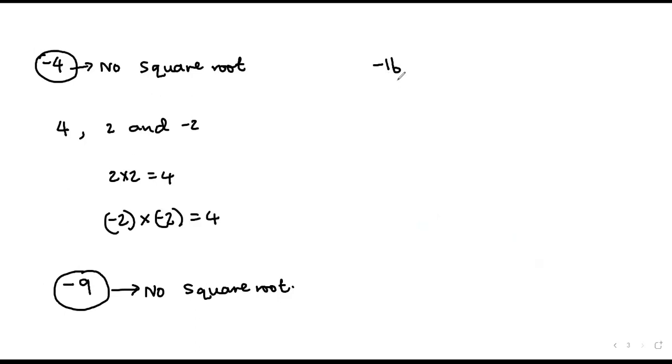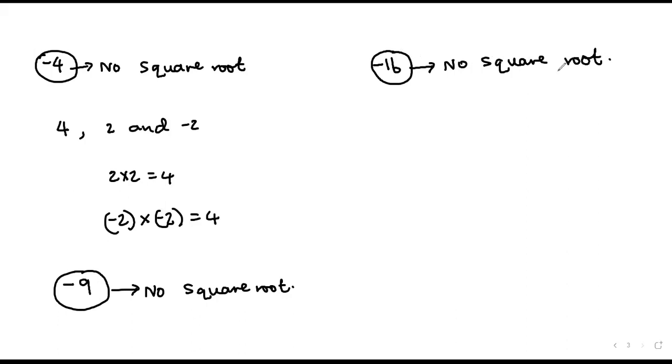Because 4 times 4 is 16 and negative 4 times negative 4 is 16, not negative 16. Wow, very good, very good. So it means that there is no number that we can multiply by itself to get negative 16. So negative 16 has no square root.